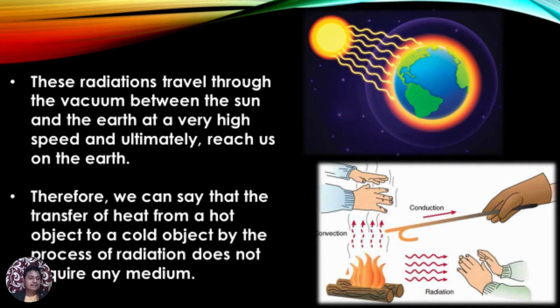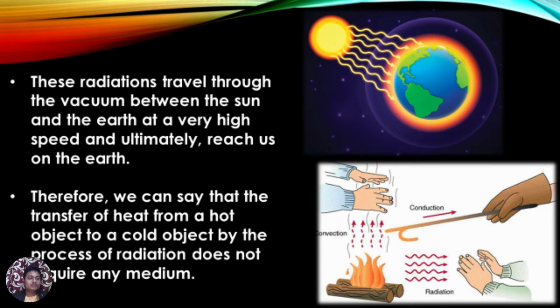Therefore we can say that the transfer of heat from a hot object to a cold object by the process of radiation does not require any medium. So in radiation, no medium is required for transfer of heat.